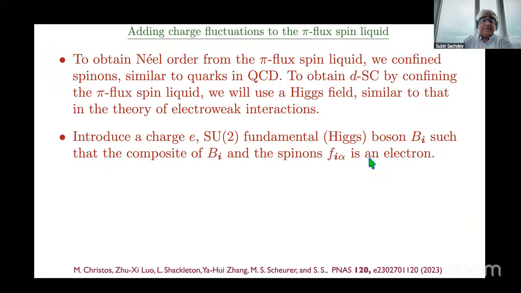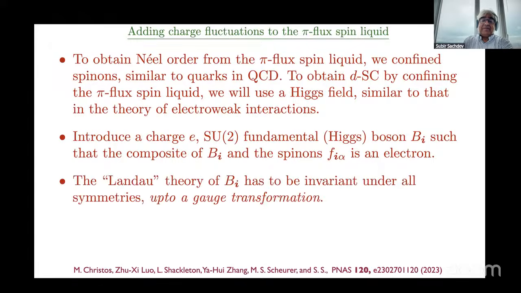So knowing that, we can write down a Landau theory. We need to know all the symmetries. And in this case, we also have the gauge symmetries, and that introduces a fundamental difference. Whereas the usual Landau theory is invariant under all symmetries, the gauge theory is only invariant up to a gauge transformation. So this is the key thing that you have to figure out.